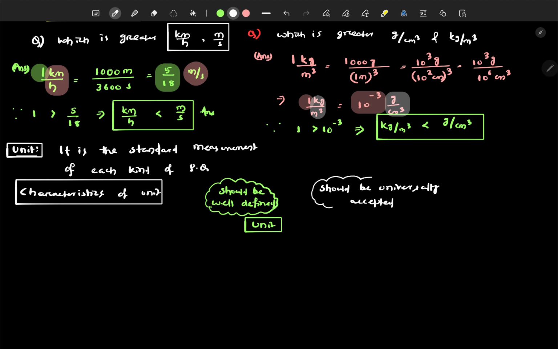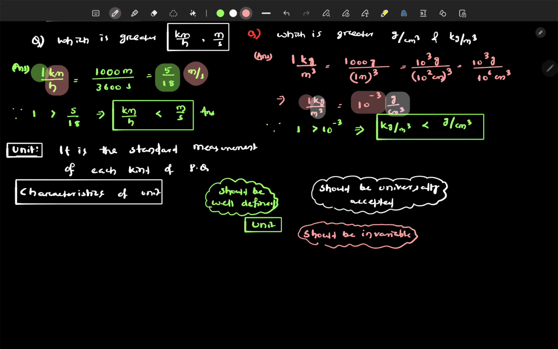That means the meaning of 1 meter in India remains the same in America also. And it should be invariable. The third thing is it should be invariable.